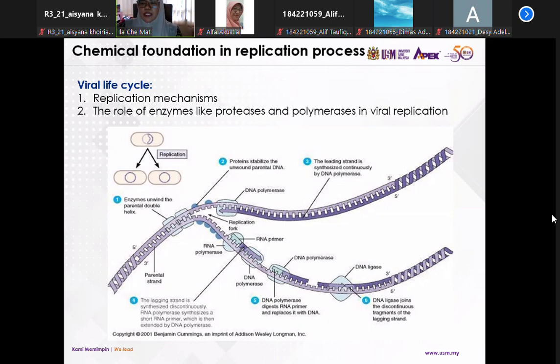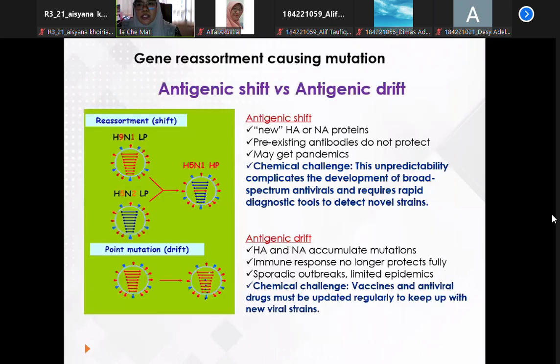So that's why it can also lead to mutation. This mutation, we call it gene reassortment. So in virus replication, it can cause antigenic shift or antigenic drift.